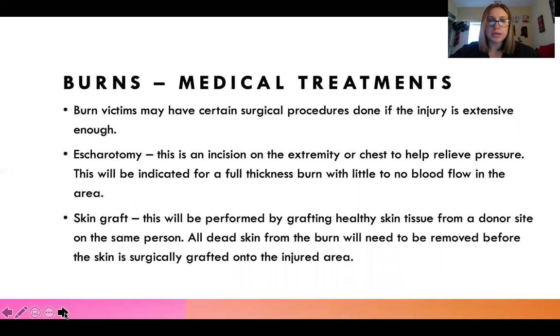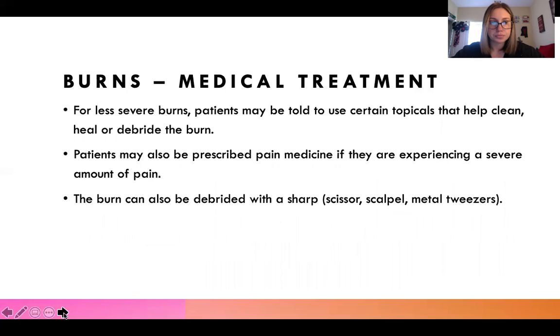So medical treatment, depending on the severity of the burn, they could have a skin graft that's usually seen in third-degree burns. They take healthy skin tissue from somewhere else in the body, and they will place it onto the burned area of the individual.